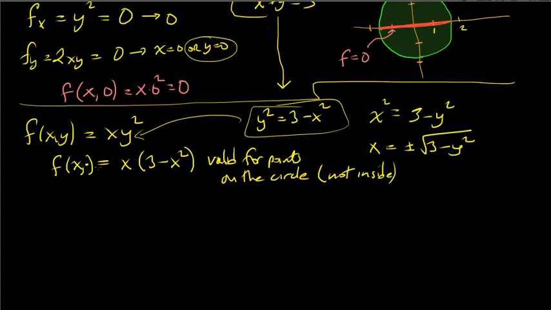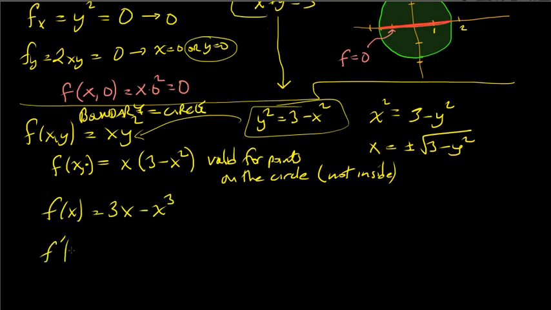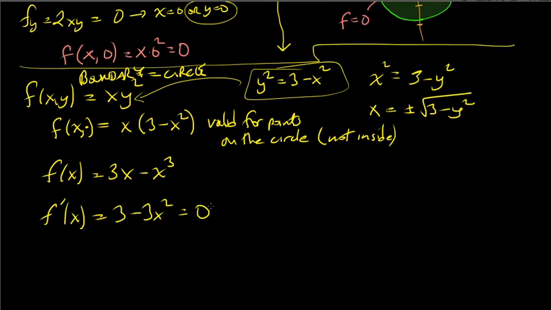We're looking at the boundary here: boundary equals circle. So as a function of x, this is 3x minus x cubed. We can take the derivative of that pretty quickly, and find the critical numbers, as you did in Calc 1. We just get x equals plus or minus 1.